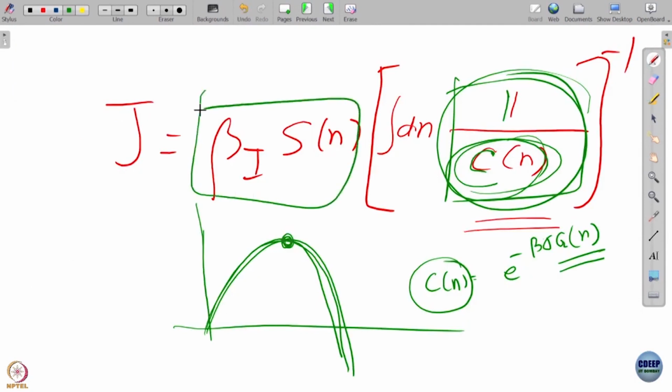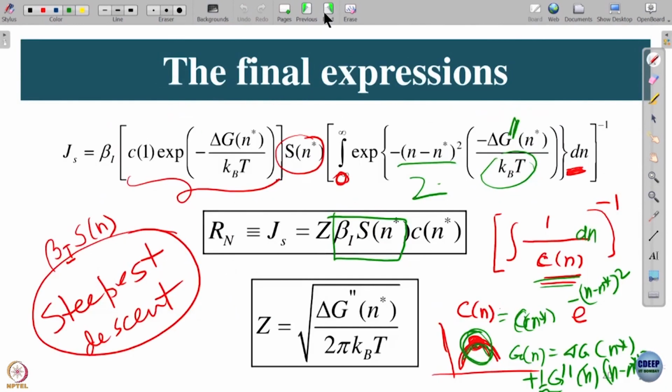Beta Sn and 1 over Cn star, that will come up. So this is beta Sn, my earlier thing, Cn star coming, because I am making the approximation that Cn is Cn star, then the Gaussian. So that inverse comes from there. This is fully documented by me. I know Z is the leftover of the integration, and that integration I can do because this is a Gaussian function now. Okay.